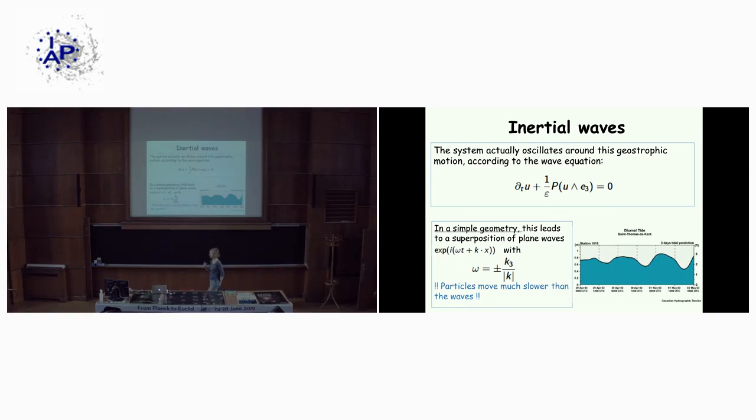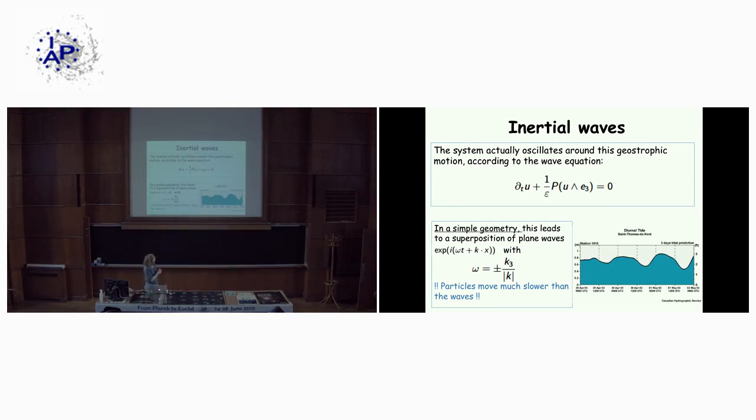I will come back to this later, but this tells you that if you think about it in terms of plane waves, you will have a propagation for this plane wave which is very, very different from acoustic waves or electromagnetic waves. At this level, what you know is that you can write all the solution as a superposition of plane waves with this dispersion relation, and so you have oscillations.